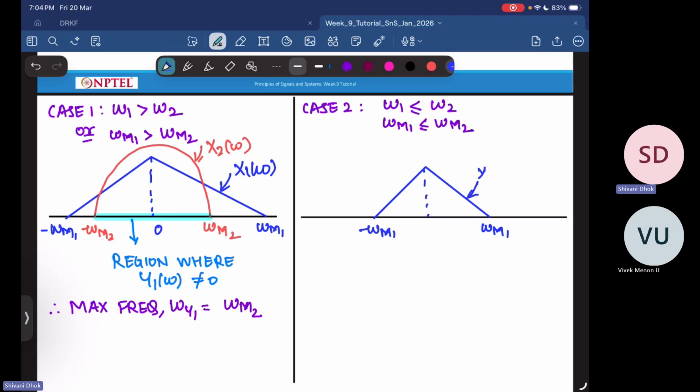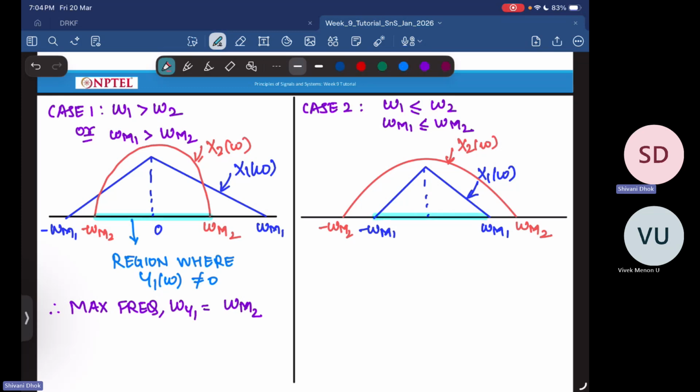Then you have something like this, with omega m2 and minus omega m2; this is your x2 of omega.